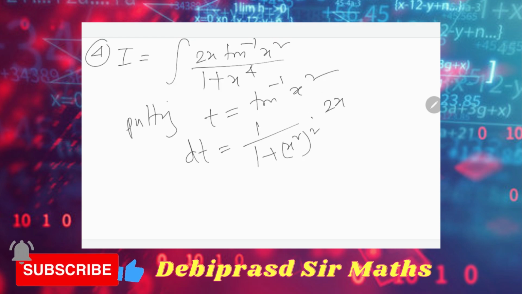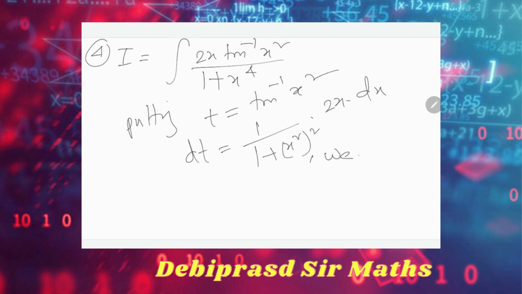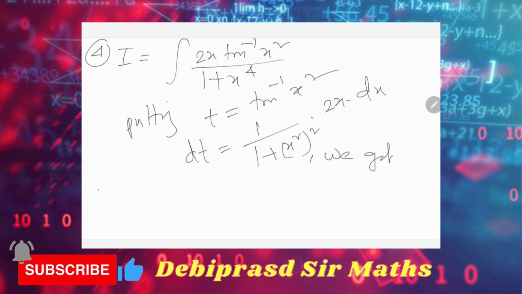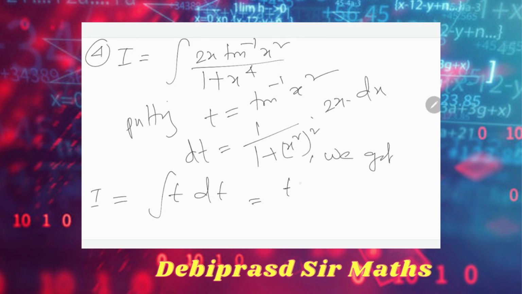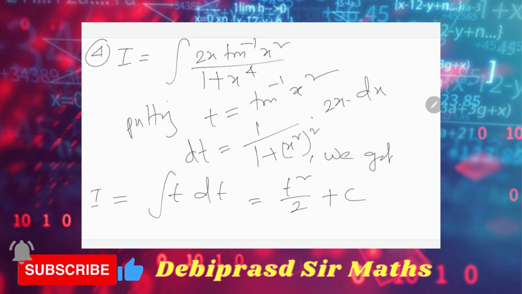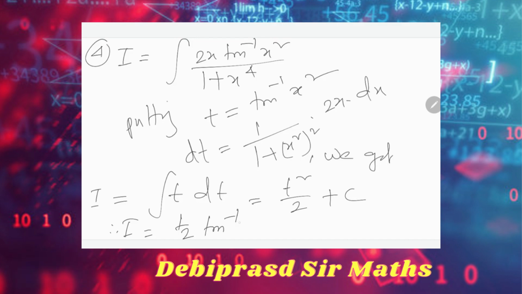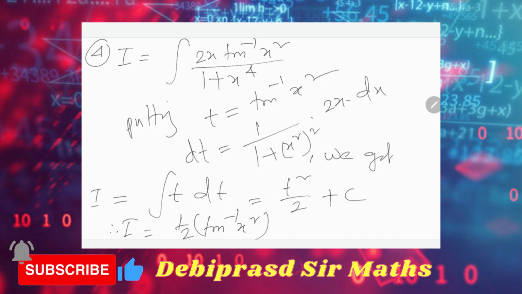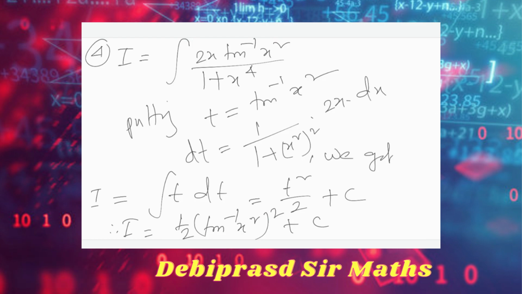So this is 2x into dx. Okay. So after doing that, we get I is equal to integral of t dt, that means t square by 2 plus c. Therefore I is equal to 1 by 2 tan inverse x square, then whole square, plus c. This is the solution of sum number 4.